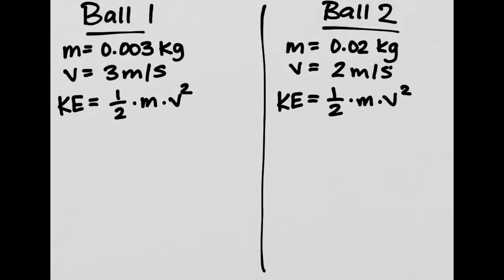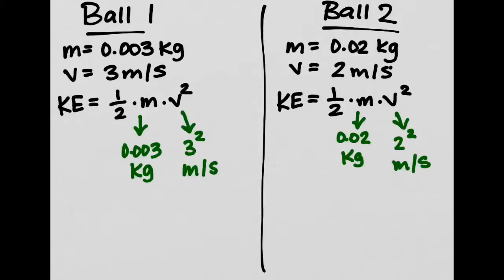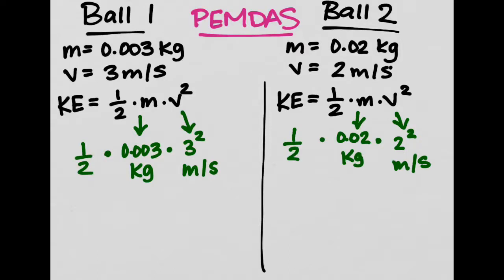I'll set up the equation. I set up the equations for both of these. I just wanted to make sure that I was plugging in the right thing in the right place. Now all I have to do is plug in the right information. To solve for ball 1, I do 1/2 times 0.003 times 3 squared.